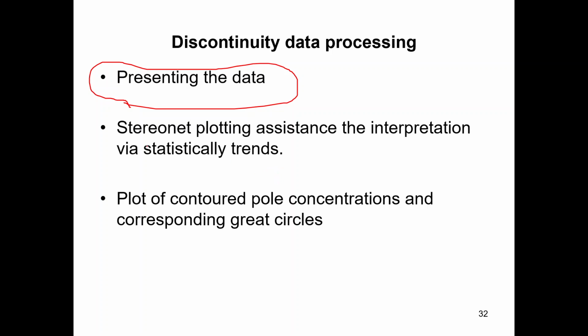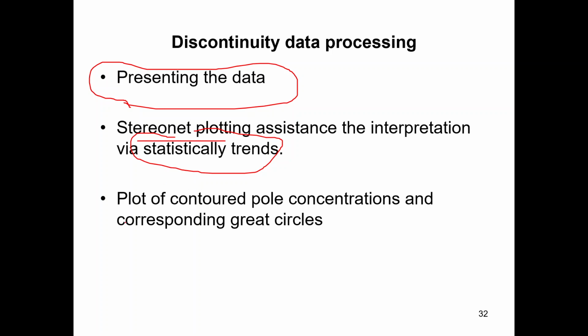By plotting the stereonets, we have 100 data or more than 100 data. Actually they give you a statistical trend. So how many sets of discontinuity are in that slope?